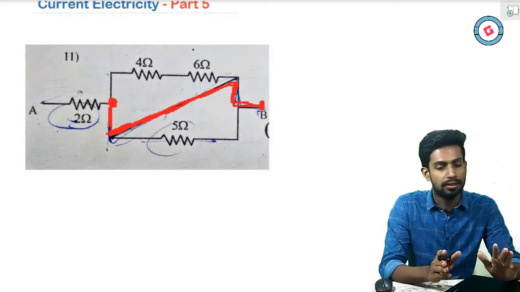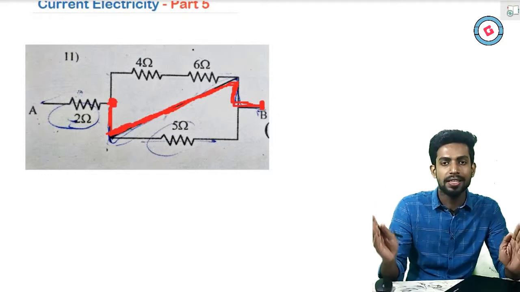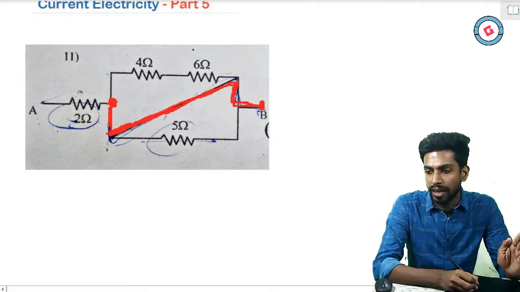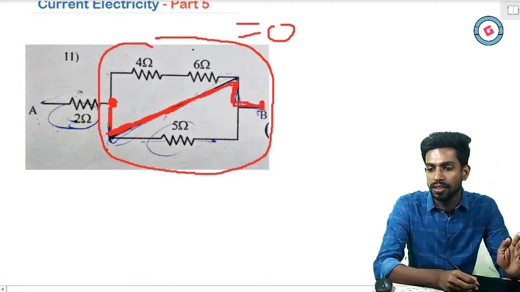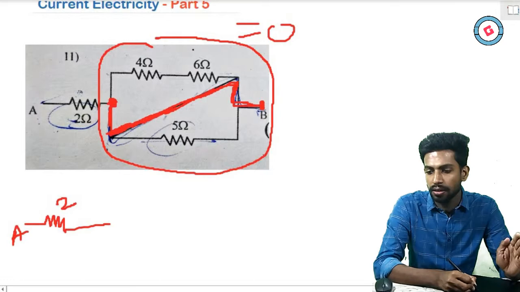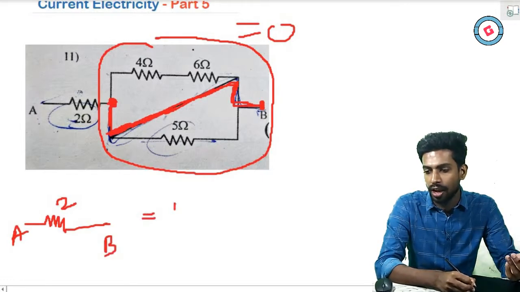So the resistance between those points is 0. So only the resistor that remains is this 2 ohms. So the system will look like this. Just 2 ohms, A and B. So the equivalent resistance will be just 2 ohms.